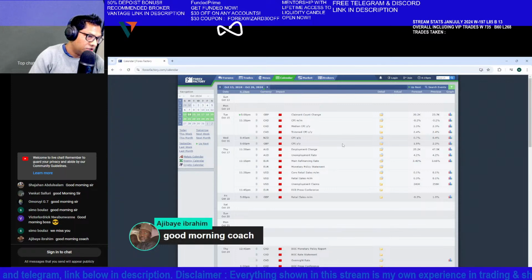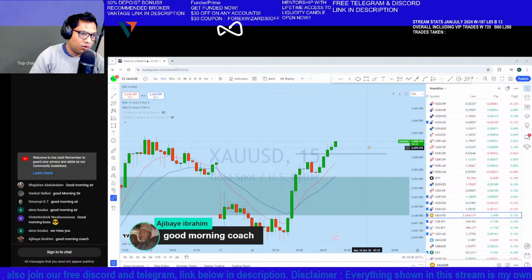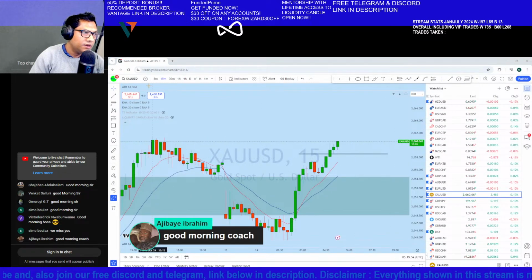We can see that GBP claimant count change is coming tomorrow, and then there will also be CAD news. So USDCAD, GBPUSD, GBPJPY will be good instruments to look at for this movement.